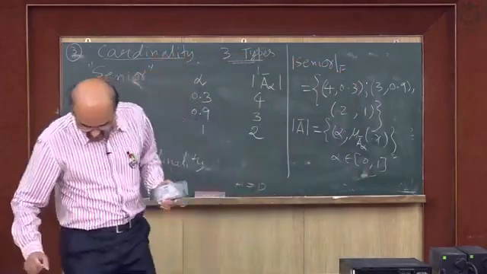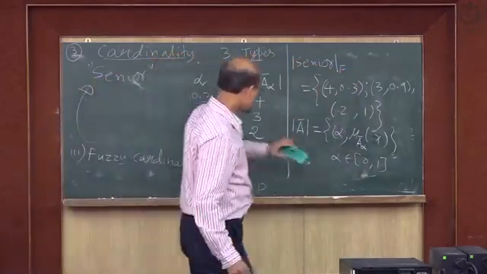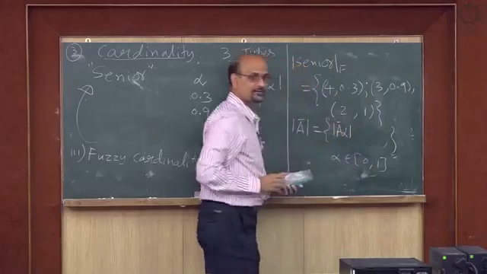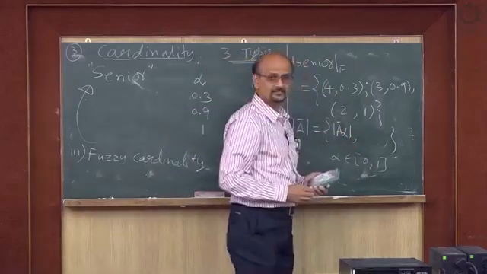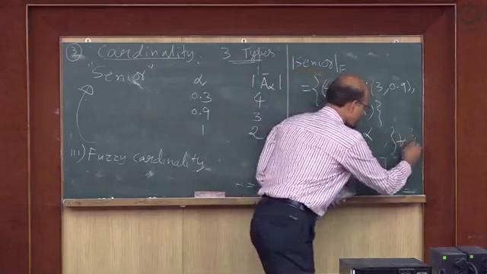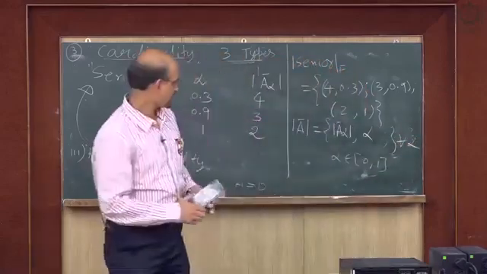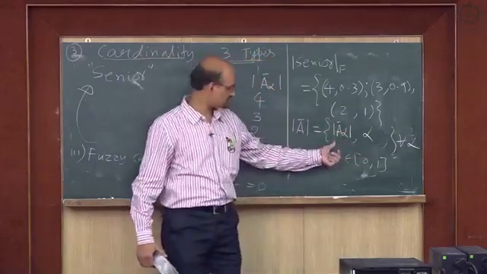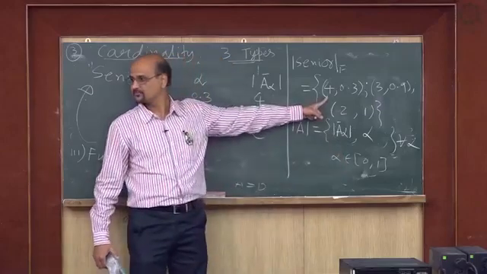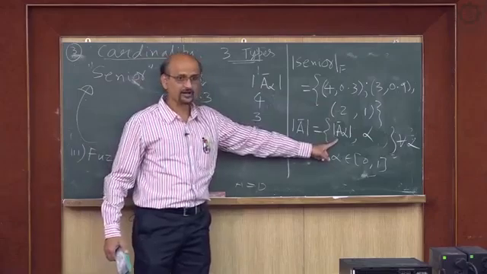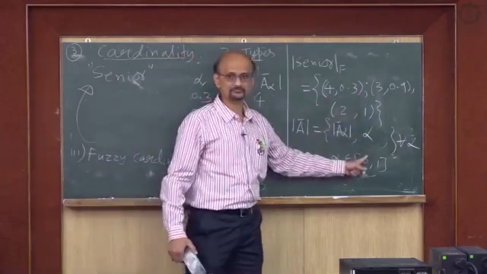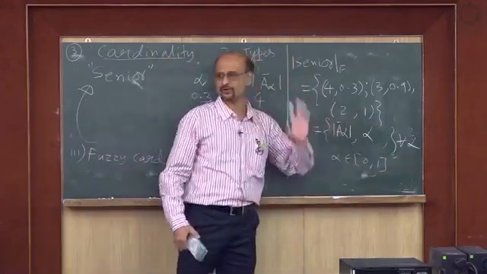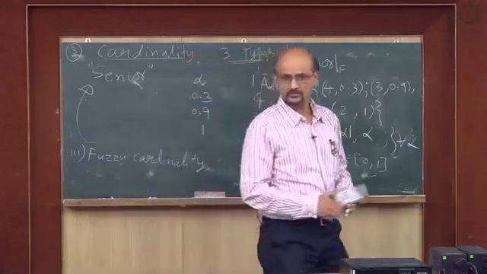No, this is not right. I wrote the ordered pair wrongly. First is your cardinality number, 4, 3, how many are there? So the cardinality of A bar alpha, and for what alpha? For all alpha, whatever alpha you have, and alpha belongs to [0, 1]. Okay? Clear?